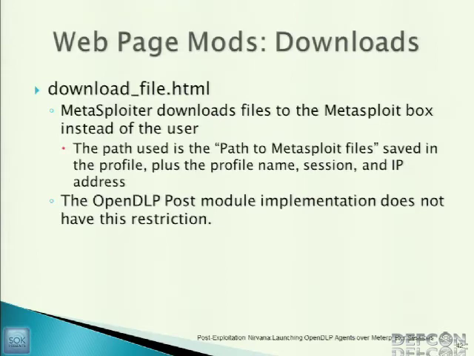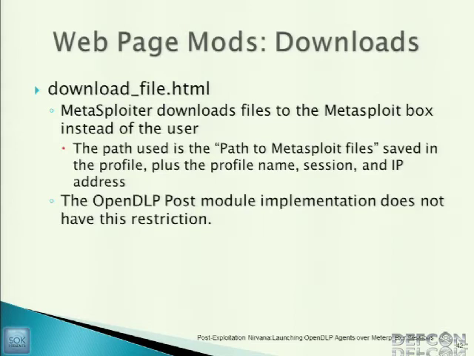I also had to change download file for the Meterpreter-based deployment. Because files can't be downloaded with the Meterpreter-based deployment, you can't get them all the way to the OpenDLP web app.